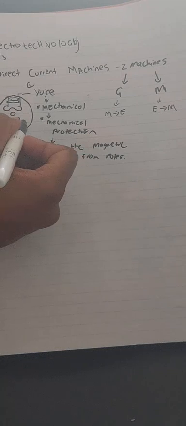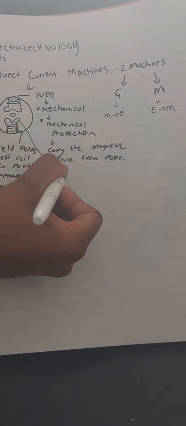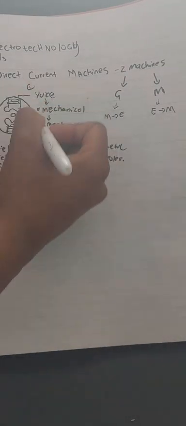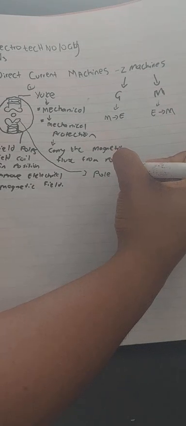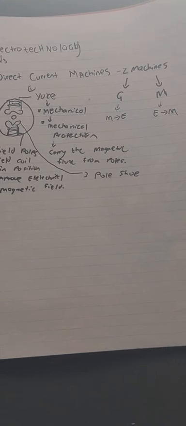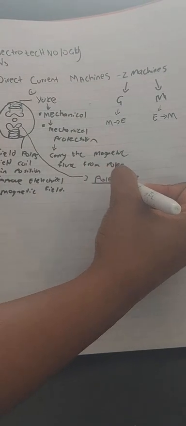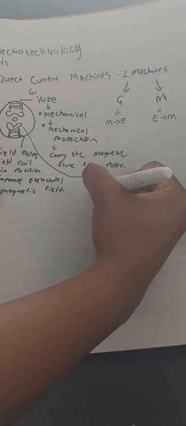And here we have this thing on top. Number 3, we call it a pole shoe. What is the function of a pole shoe?